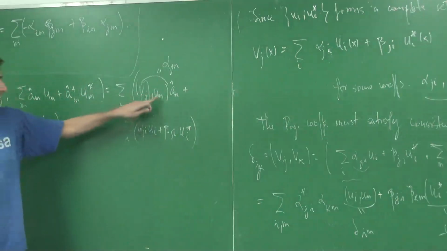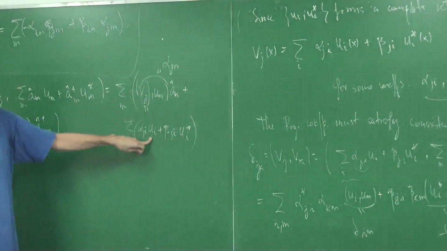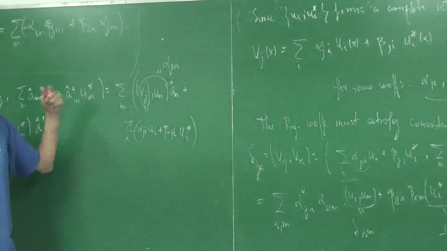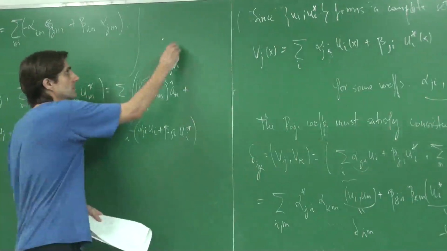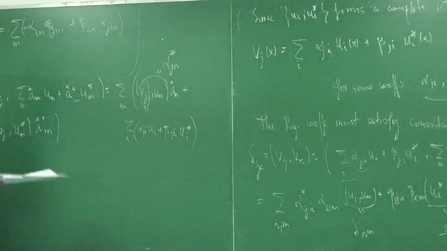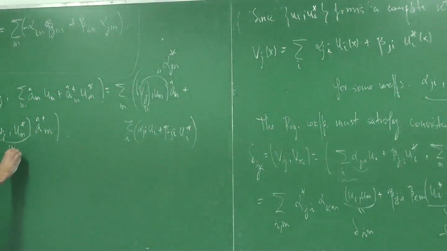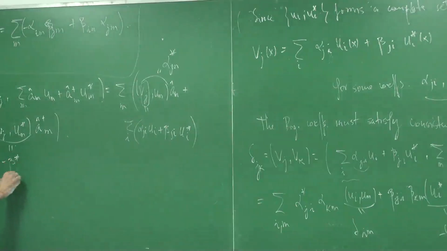The um and the ui gives you delta. It's conjugate linear with respect to the first argument, so the alpha becomes complex conjugate. And similarly, this gives you minus beta j.